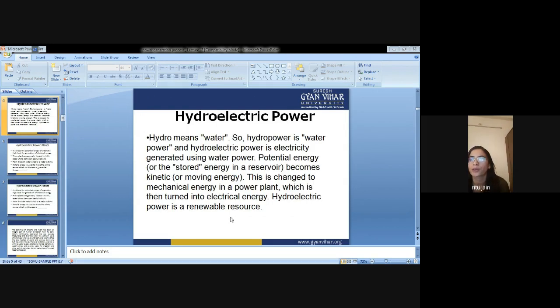Hydroelectric power. Hydro means water. So, hydropower is water power, and hydroelectric power is electricity generated using water power. Potential energy becomes kinetic. This is changed to mechanical energy in a power plant, which is then turned into electrical energy. So, hydroelectric power plant is a renewable resource.